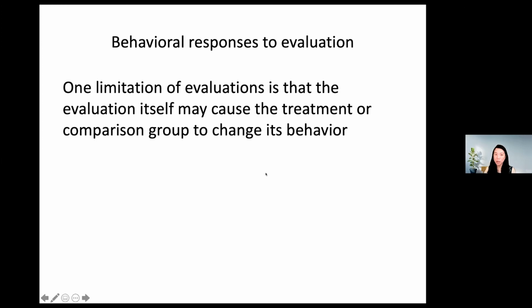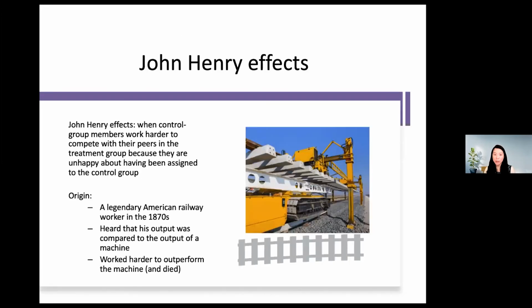The two typical behavioral responses to evaluation: one is called the John Henry effect, which refers to members in the control group working harder to compete with their peers in the treatment group, because they are unhappy about having been assigned to the control group.